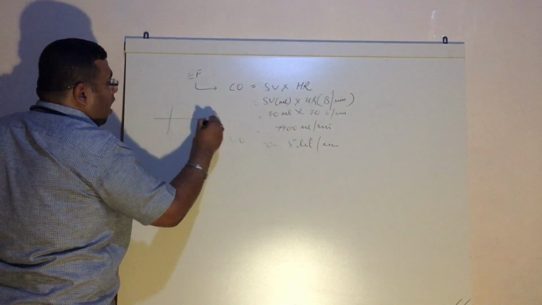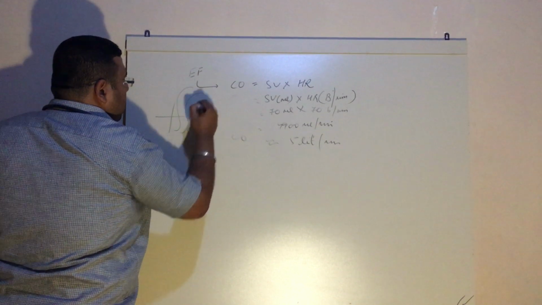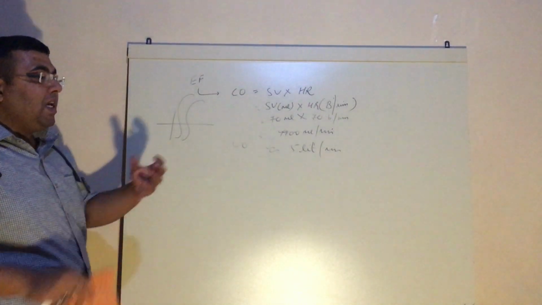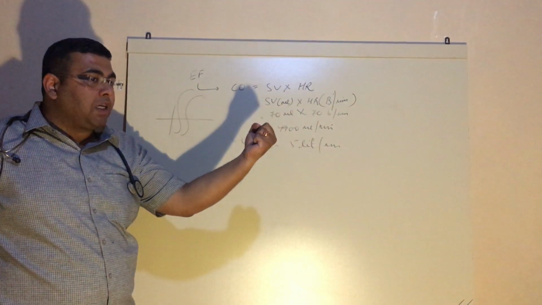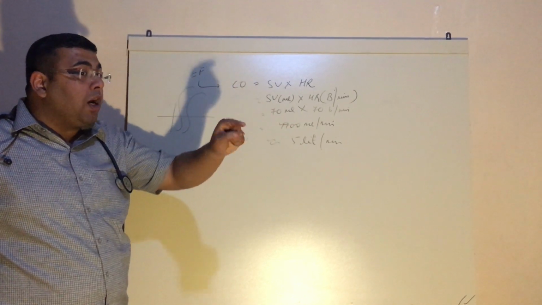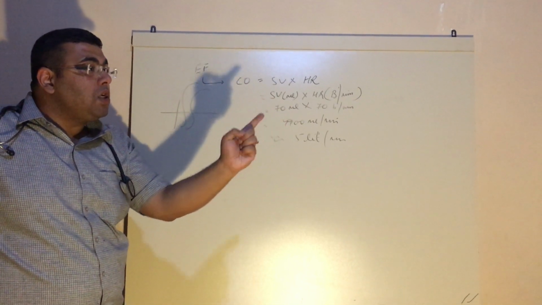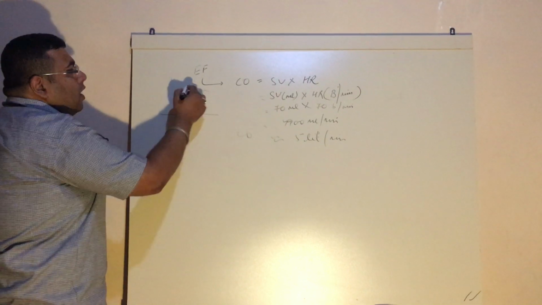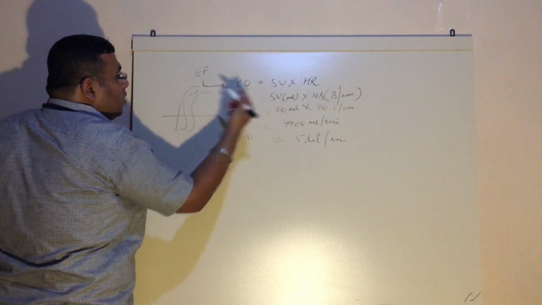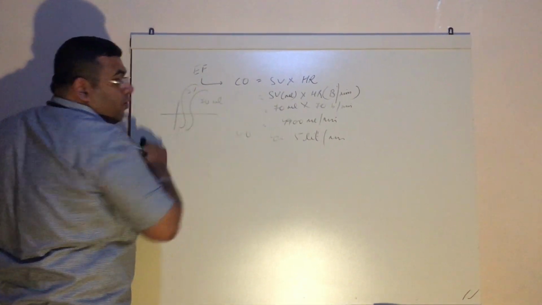So let's say this is our heart and this is the aorta. When the heart contracts a single time, the amount of blood getting out of the heart in that single contraction is known as stroke volume, which was about 70 ml.